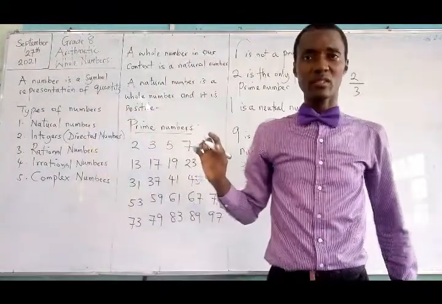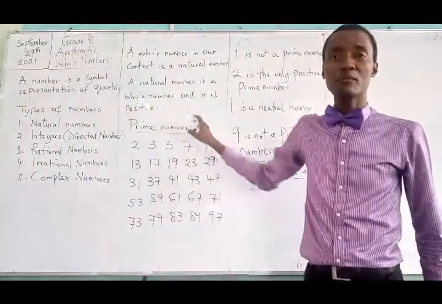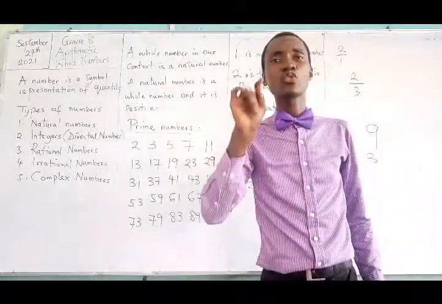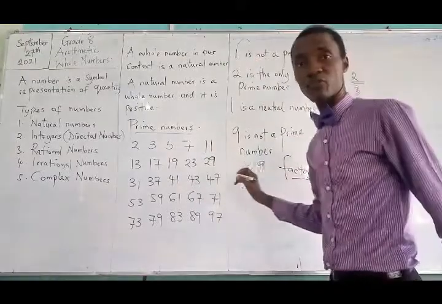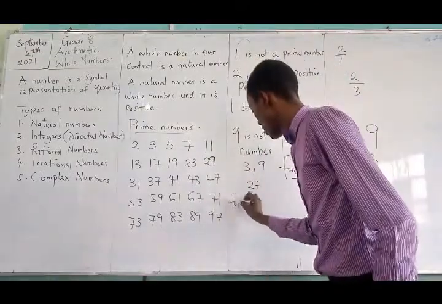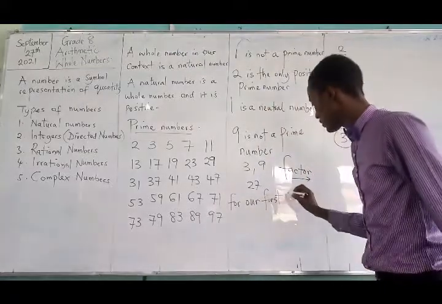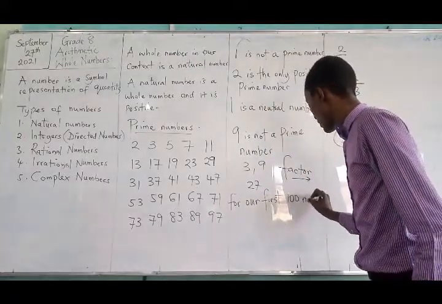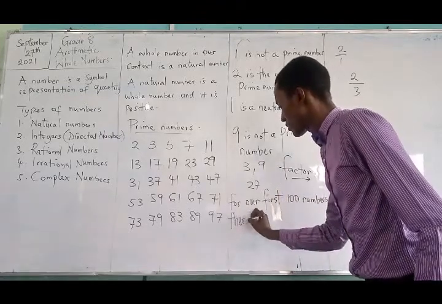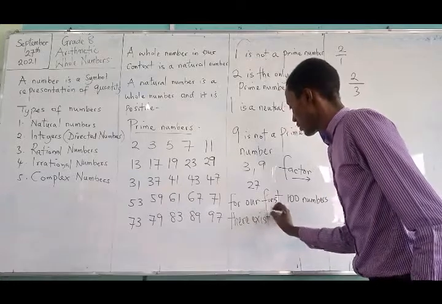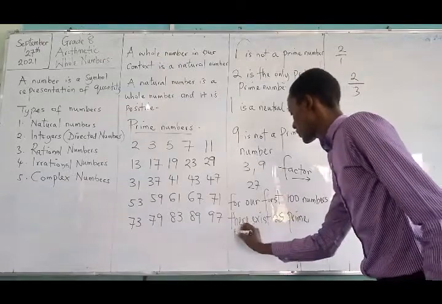So, conclusions from this. For your first 100 numbers, there exist 25 prime numbers. So, I'm going to write that somewhere. For our first 100 numbers, there exist 25 prime numbers.